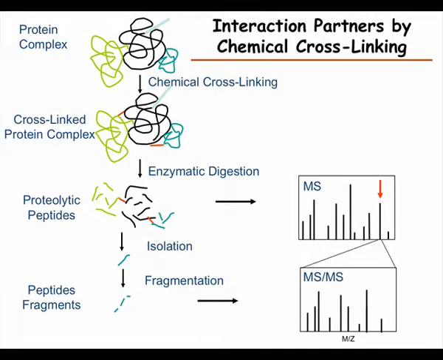So another method that people have developed is to do chemical cross-linking. We had the problem that when we wash our beads to get rid of the non-specific interactors, we also get rid of specific ones.